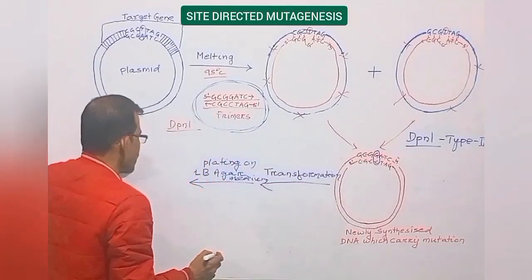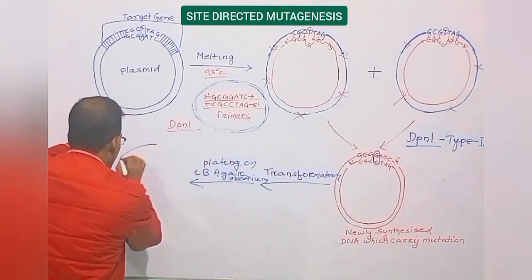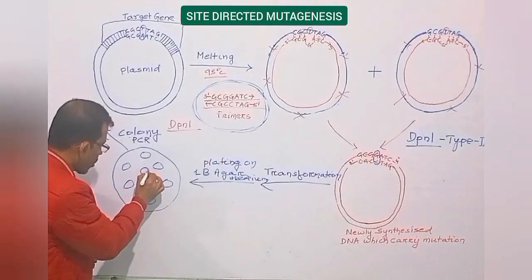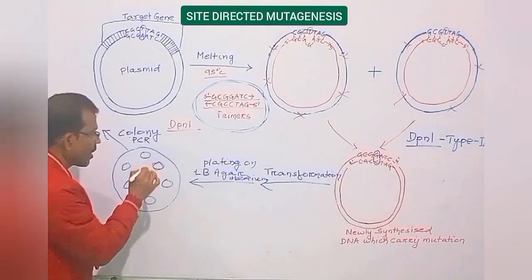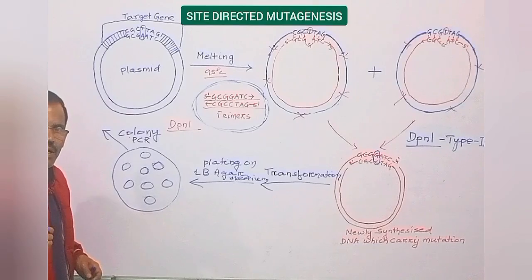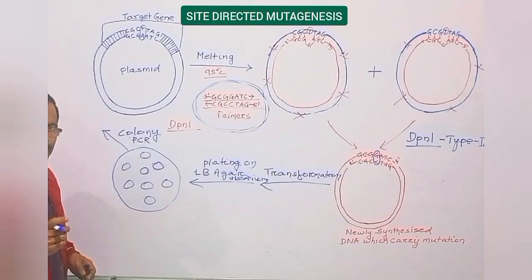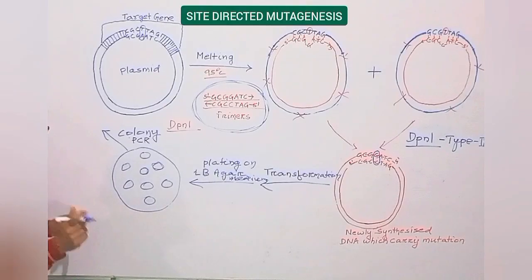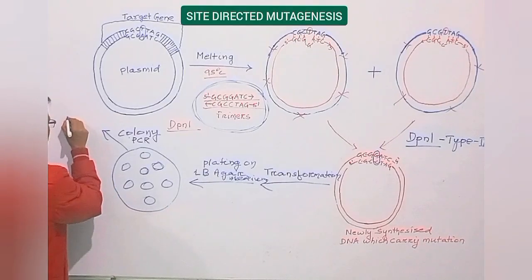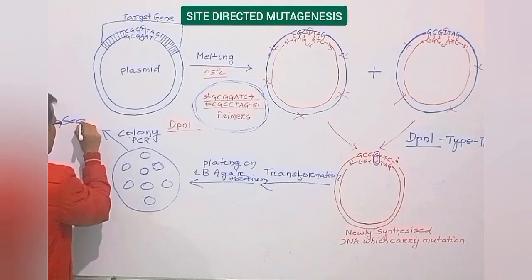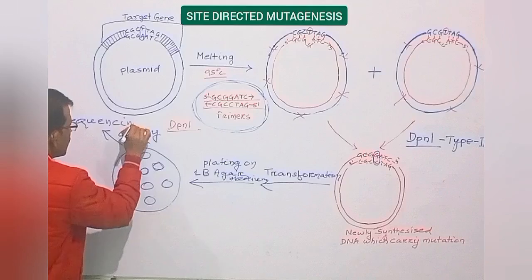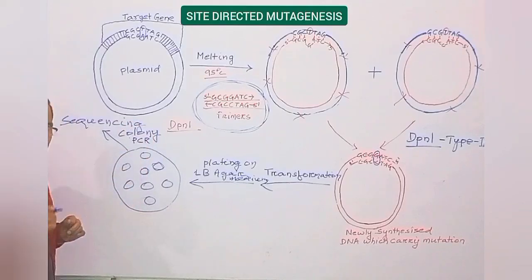This will result in the formation of numerous colonies. Several such colonies are taken out and colony PCR is performed on them in order to confirm the presence of the desired mutation. Following this, the positive colonies are sequenced in order to validate the mutation.